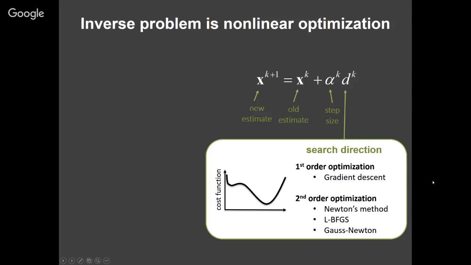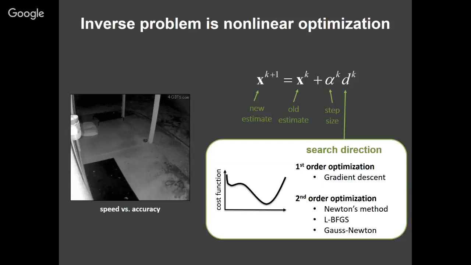Not exactly sure why. They're not just faster, they actually get to better answers, I think because it's a non-convex problem. Here's my video of why second order methods are better, because they're more exact and so they don't need a billion iterations to get to the answer. But actually they sometimes get to answers that gradient descent cannot get.